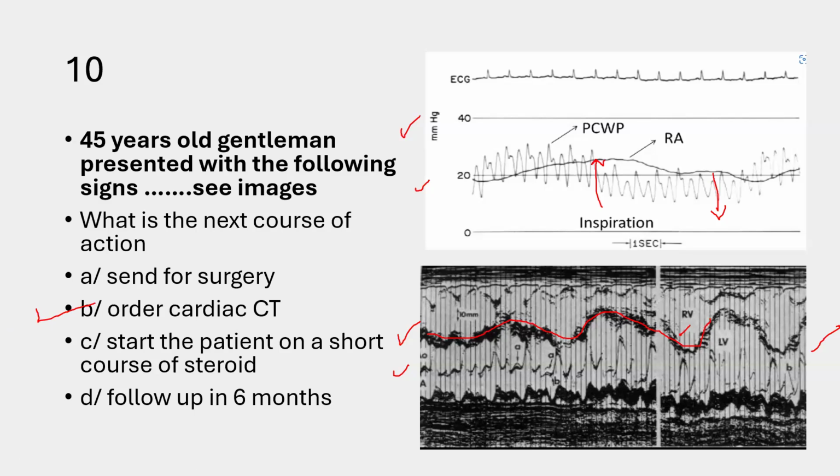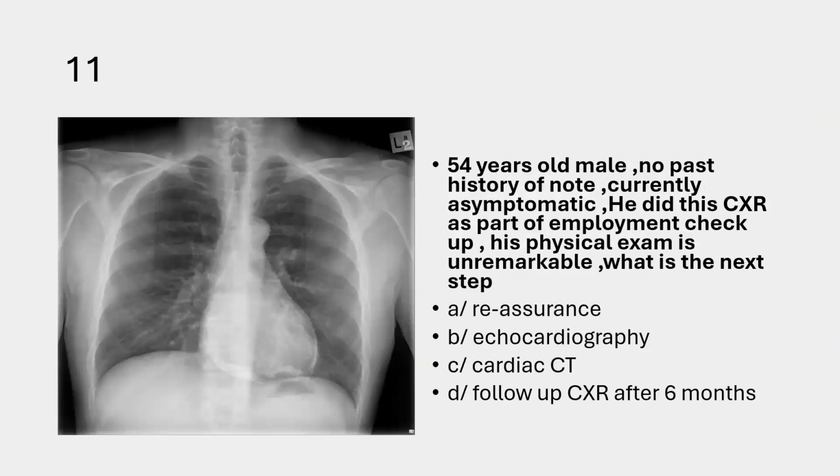The surgeon is going to be curious to know how tough the pericardium is, how calcified, and how much the calcification might be invading the muscle. So he wants to plan his surgery, and this is done through cardiac CT. Okay? So cardiac CT. Good.